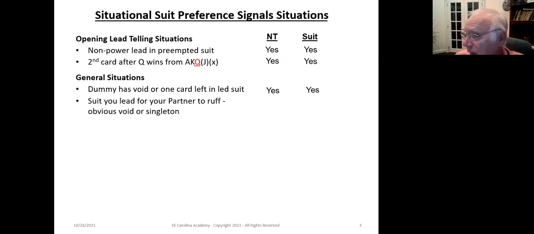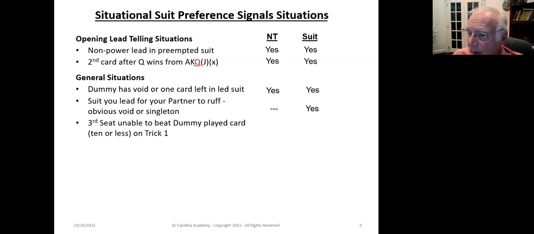It can be the first time that suit's led, the second time, or the third time, where you are almost sure your partner no longer has cards in that suit. The card you lead for your partner to ruff tells your partner what suit you would want to have led. Okay, and that's because we're talking about a ruffing situation. It only applies in suit contracts.